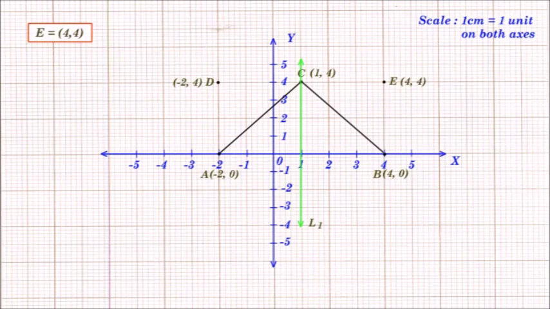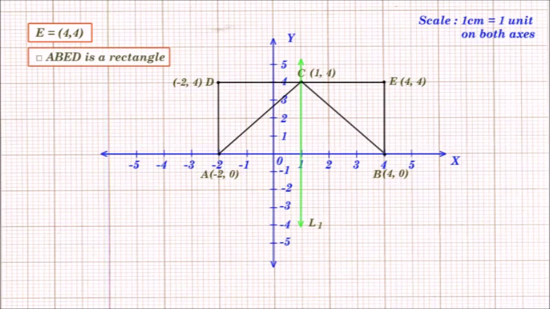Now join ABED. What does this figure look like? It is a rectangle because opposite sides are equal and each angle is 90 degrees. So we have ABED as a rectangle. Now we are told to draw all the lines of symmetry of this figure.